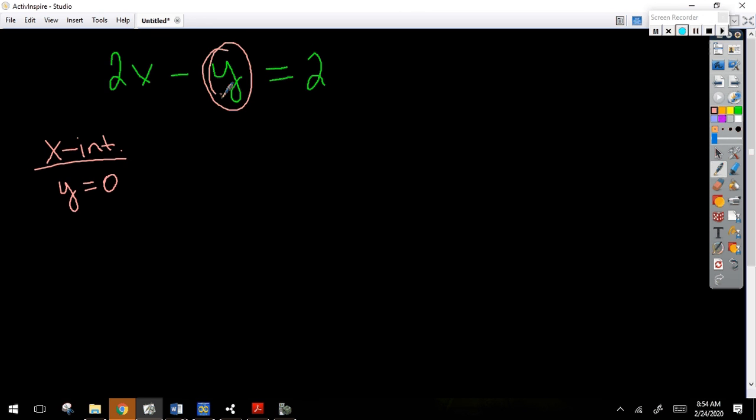This is what's changing. And it's changing to what? 0. So I have 2x minus 0 equals 2. So this goes away, right? 0 doesn't have any impact if we're adding or subtracting it. So I just have 2x equals 2. You're exactly right. Then I can divide by 2.